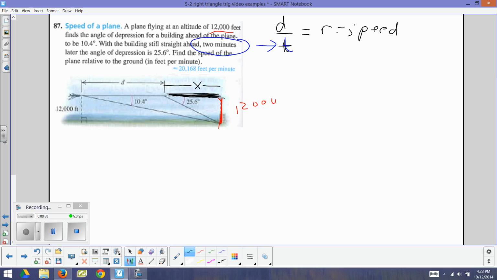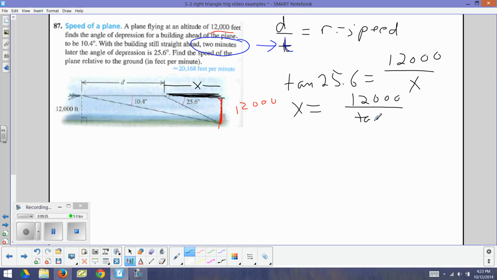I know that the tangent of 25.6 is equal to the opposite over the adjacent. So x is equal to 12,000 over the tangent of 25.6.